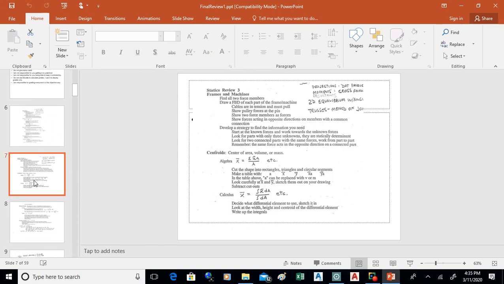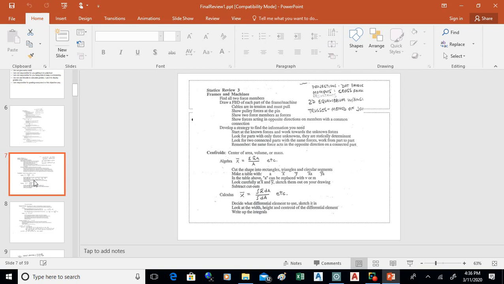So the first thing are frames and machines, so there'll definitely be a frame and machine problem on there. What you do, you break things up into pieces, and then you work your way through from what you know to what you don't. Look for two-force members, but don't assume there are any in there. Some frames and machines do not have them.